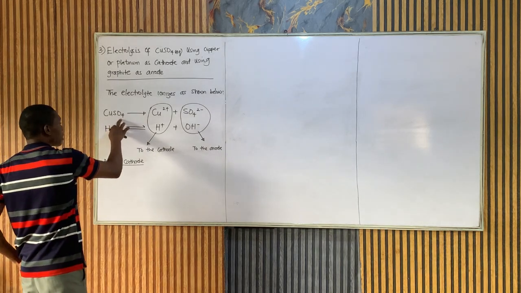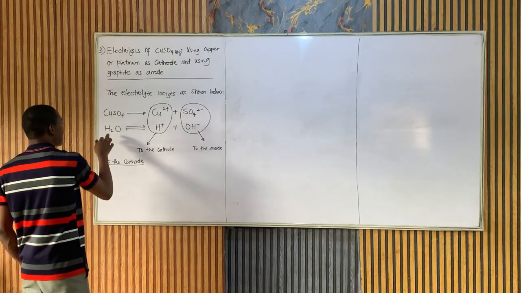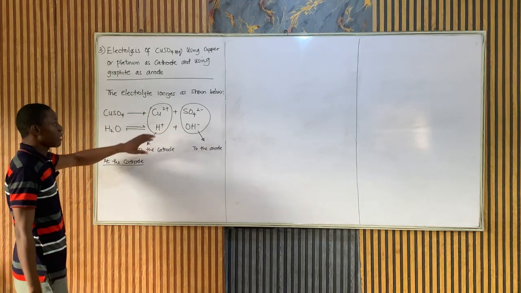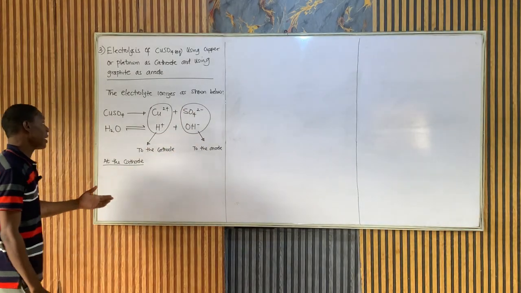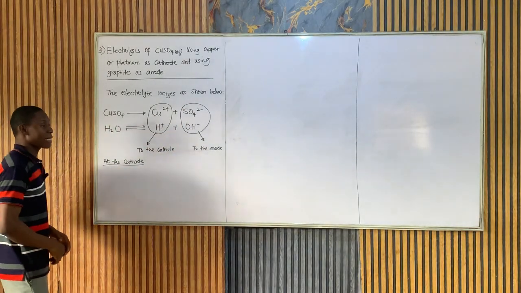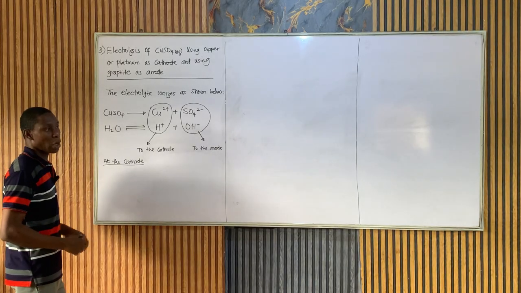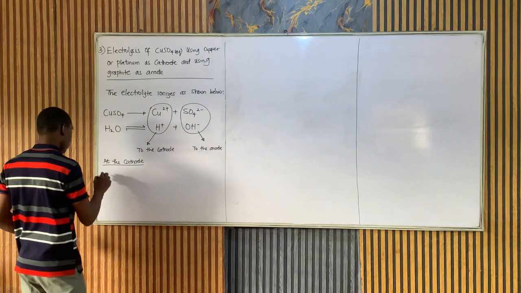Copper 2 tetraoxosulfate(VI) ionizes as copper 2 ion and SO4 2- ion. And water ionizes partially as hydrogen ion and hydroxide ion. Well, the positive ions move to the cathode and the negative ions move to the anode. Well, at the cathode now, copper and hydrogen migrate, but copper is discharged because it is a lower ion in the activity series.